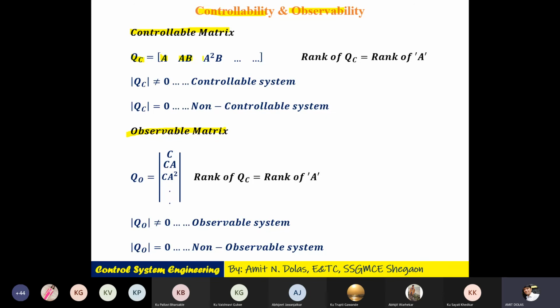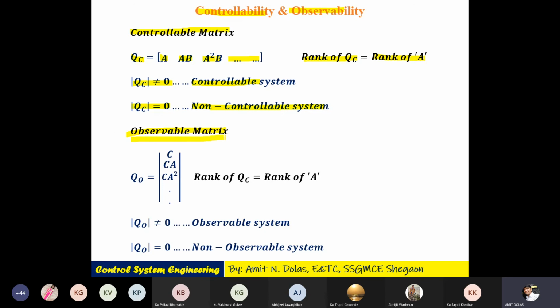Then A square B, and it continues likewise. Rank of QC is nothing but rank of A. If your QC is not equal to 0, then the system is controllable. And if your QC is equal to 0, then it is non-controllable.